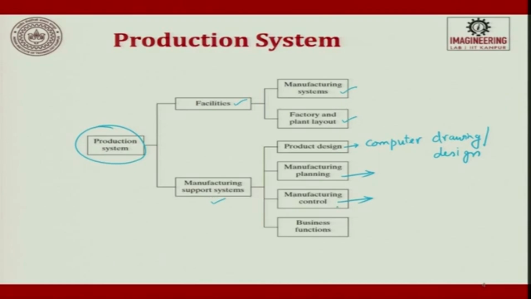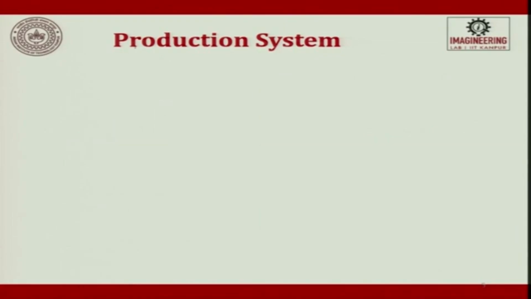So, good quality practice, good procedures practiced, or people also call it GLP, good practice. The next one is business function. Business function is the costing which is involved and the sales, services, all these things are part of manufacturing support system. When we talk about production systems, let us see what are all there.